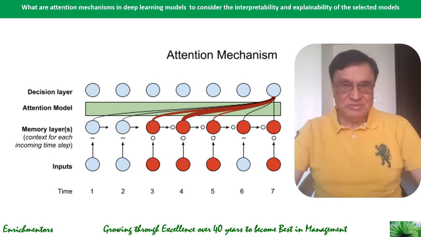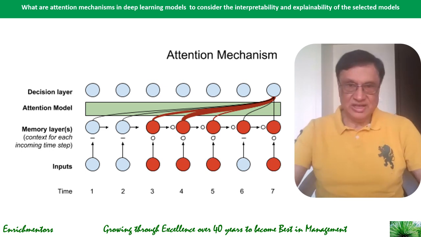Now, the attention mechanisms have been particularly useful and influential in NLP, natural language processing tasks, but have been applied to many other domains. So, how does that enhance the interpretability and explainability? Let's take a look at that.